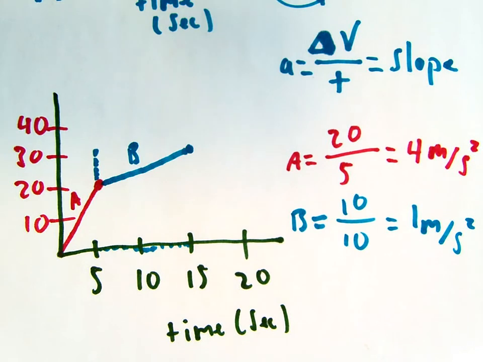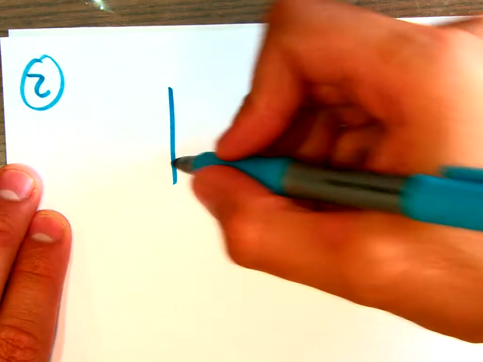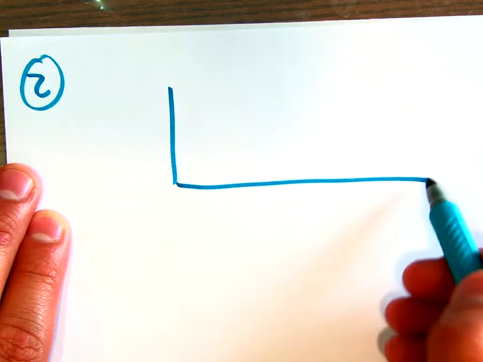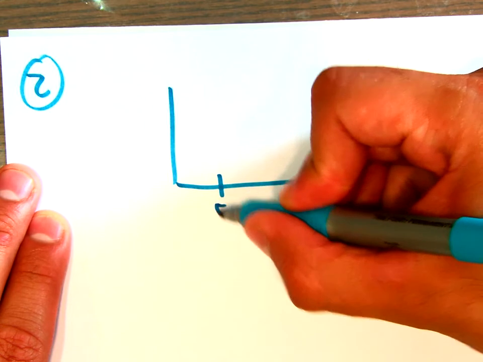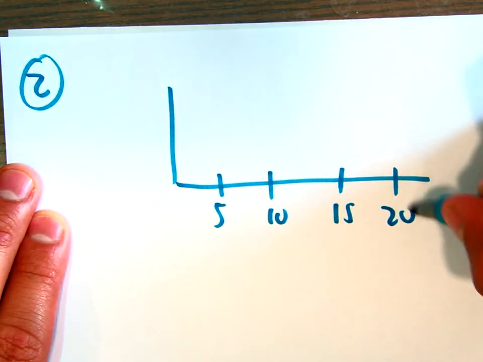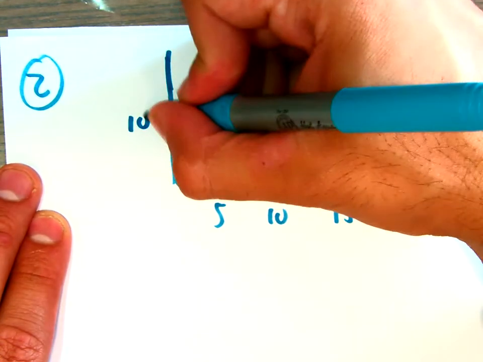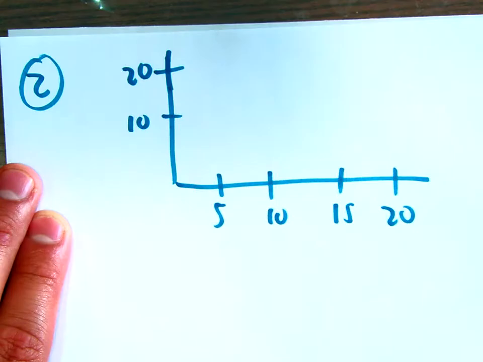All right. So let's continue on and go on to the next couple things I want you to do. So let's go on to number 2. Number 2 is, how do we interpret these graphs here? Well, let me create a quick sketch of a graph for you. Very simple one. We'll go 5, 10, 15, 20. Probably should be spaced out more equal, but it's fine for the purpose of this. 10, 20. Okay?